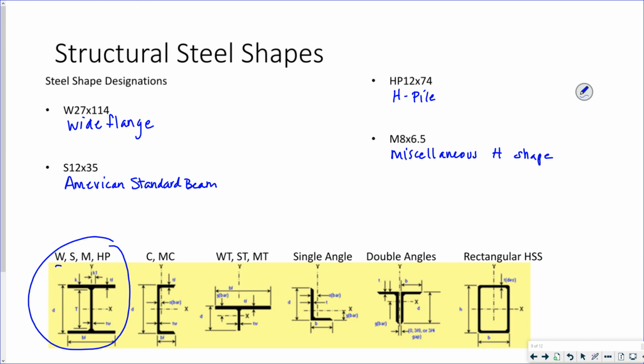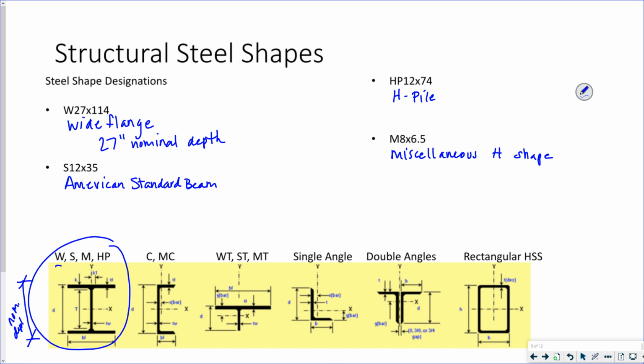Now, the numbers after them, what do they mean? Well, let's start with the first one. The 27 means it is 27 inches in nominal depth. That's its overall depth. Right?